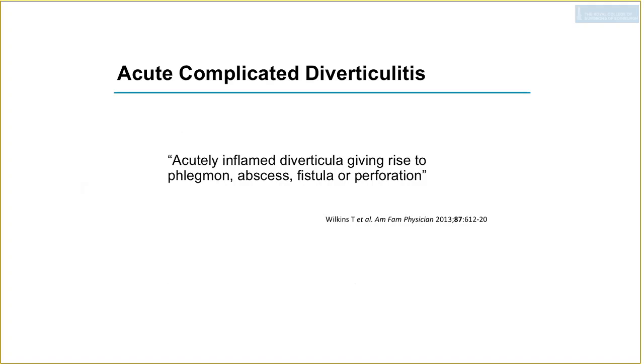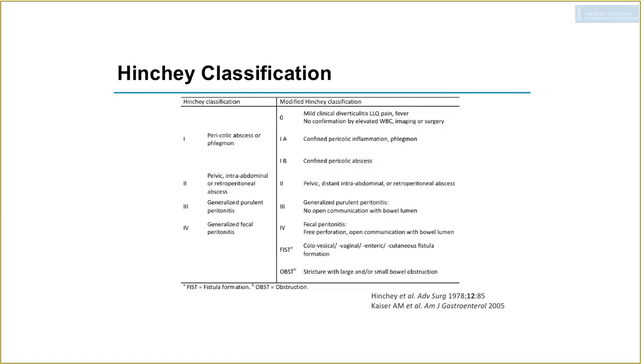So complicated diverticulitis then, which is the more severe form, and here is a definition: the acutely inflamed segment of diverticulitis giving rise to a phlegmon, that's an inflammatory mass, abscess, fistula, or perforation. And here is the Hinchey classification on the left, originally described in 1978 and modified more recently.